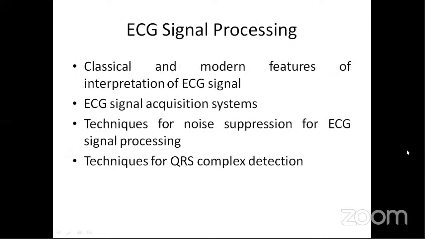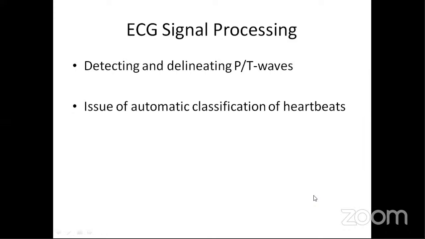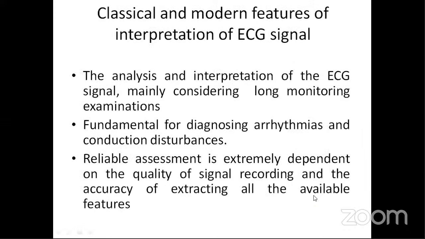These are all the things you have to keep in mind before acquiring or diagnosing ECG signals with abnormalities. First thing is the classical and modern features of interpretation of ECG signal. It is used for long-term monitoring examination.